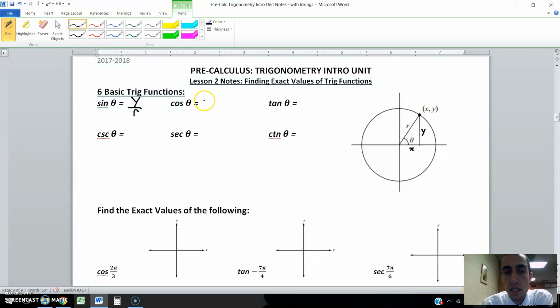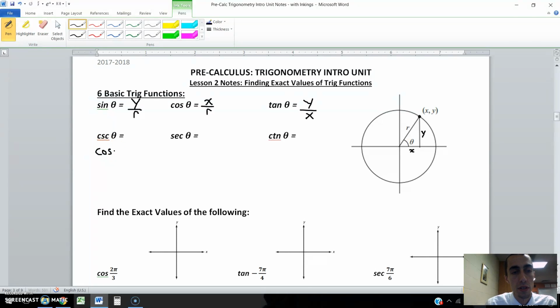Cosine of theta is defined as x over r, and tangent of theta is y over x. Now, these bottom 3 trig functions are reciprocals of one of the trig functions above it. So cosecant, which we wrote out in the full word form, is spelled like that, and it's the reciprocal of sine, which is y over r.